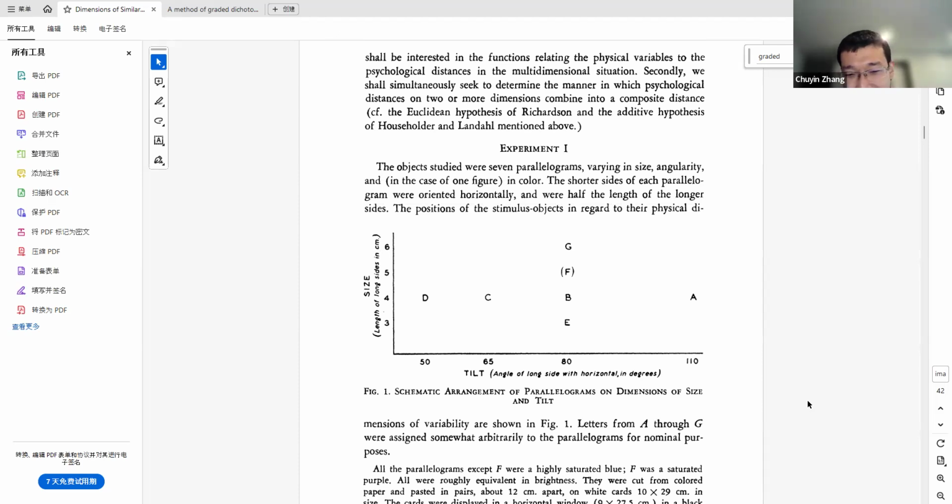In terms of semantic meaning, there are a lot of potential dimensions. The space can contain a lot of dimensions.